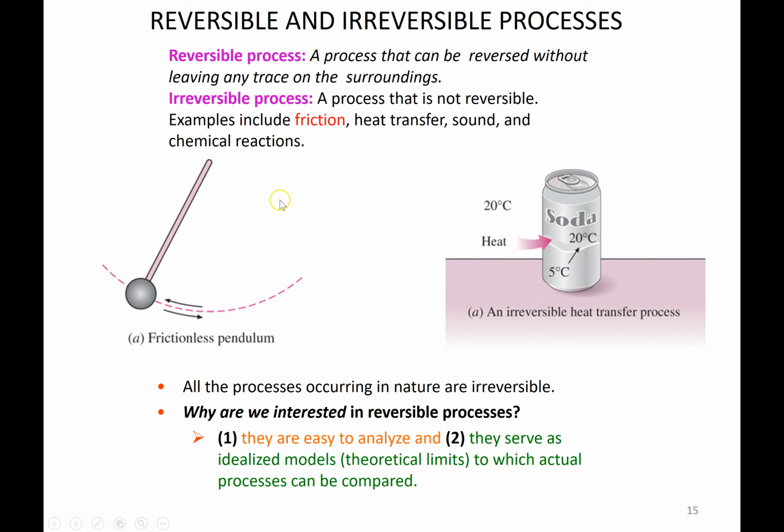You can't get that heat back because there's no physically possible way, unless it gets colder out, but it's not going to be the same, because you heat up the soda and then the soda can't extract that energy back out because it's going to be in equilibrium. Every process is irreversible, but we assume a lot are reversible. They're easy to analyze and they serve as ideal models.